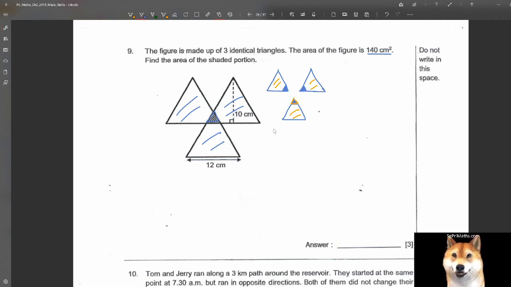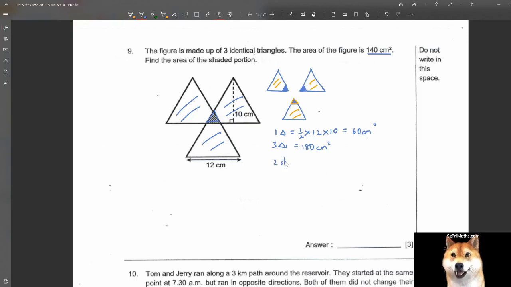So what we can do is find the area of 3 triangles first. One triangle will give you half the base, which is 12, times height, which is 10. This will give you 60 cm square. 3 triangles will give you 60 times 3, 180 cm square. And comparing 180 to 140, the difference will give you the shaded portions.